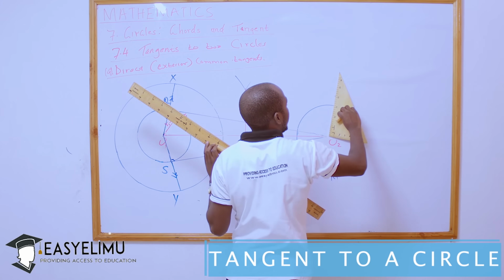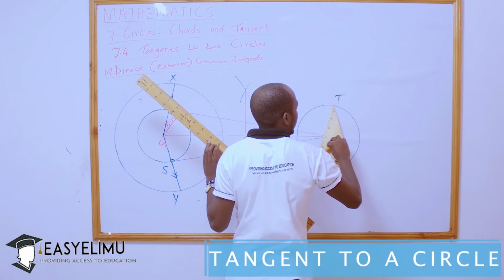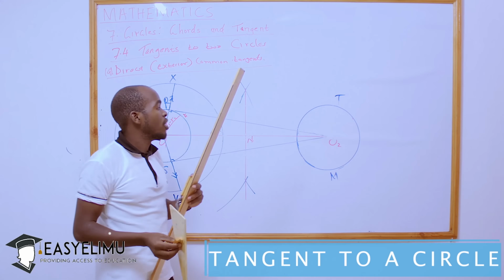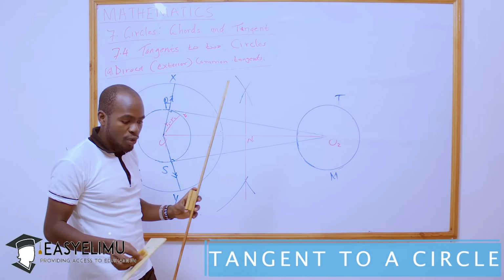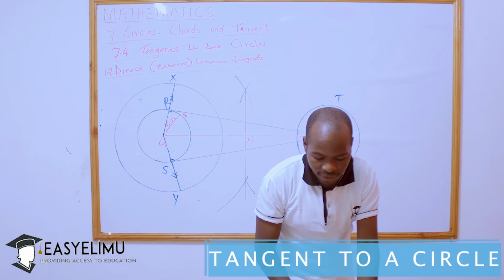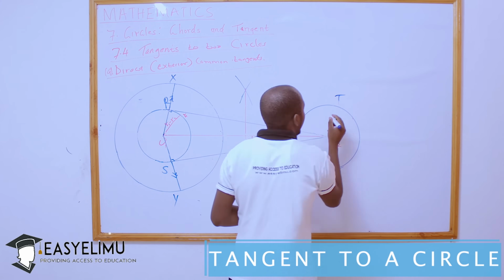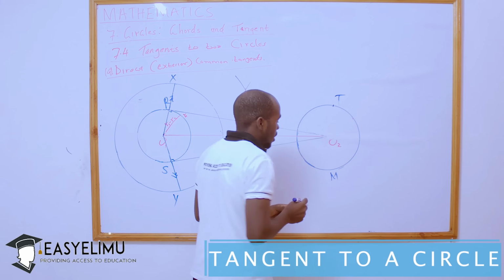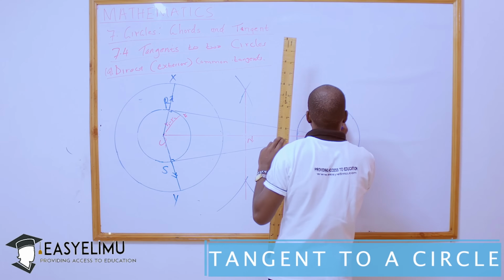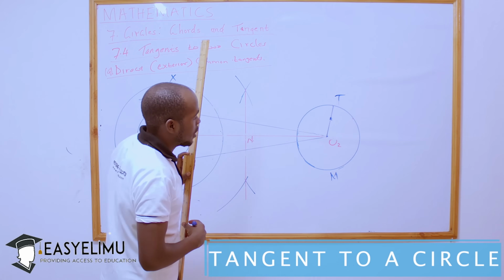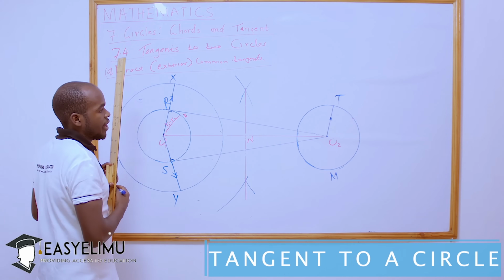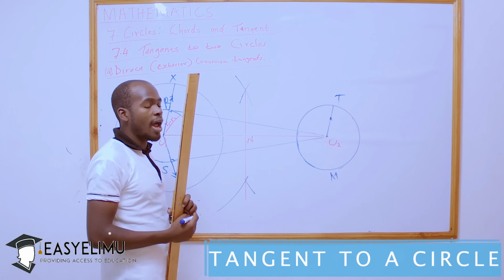So you will find it is cutting at that point here. So that is the point where you will mark that point as we said T. So meaning this point will be our T. And if you view it very well, you will find that one is parallel to this line here. So that is what we shall have.